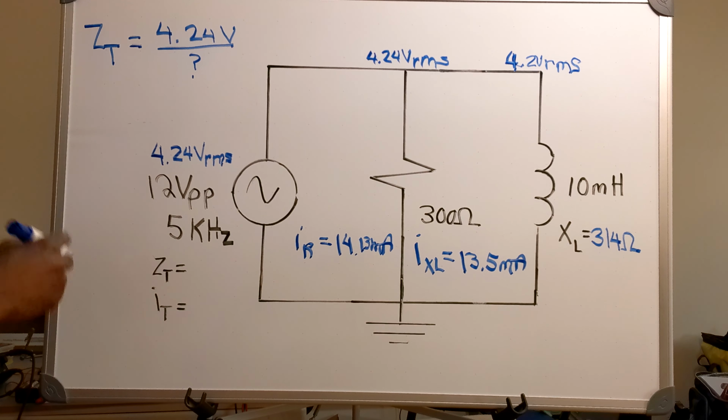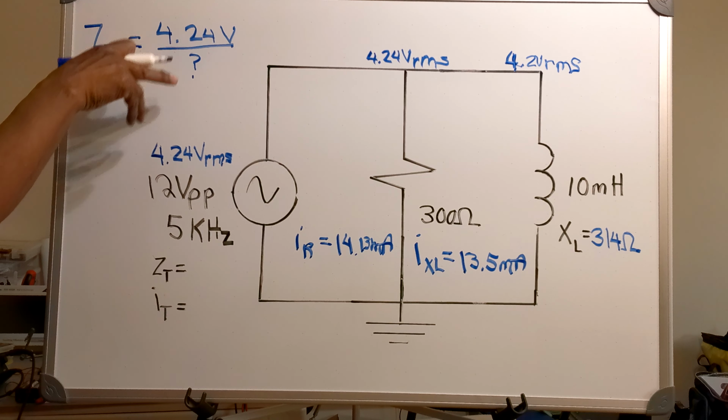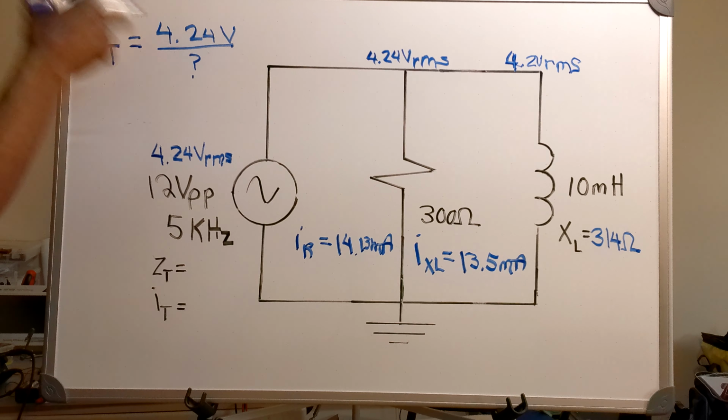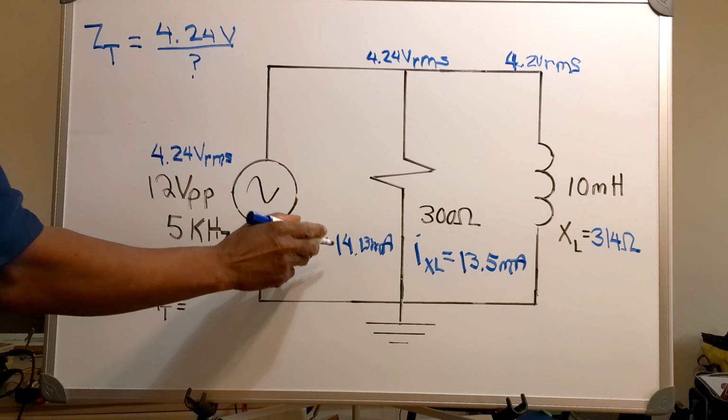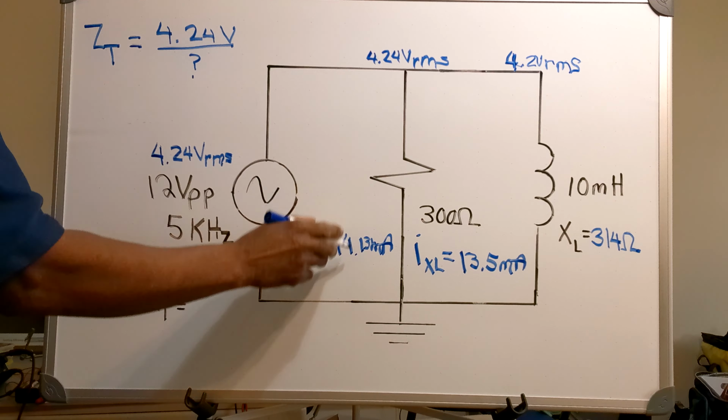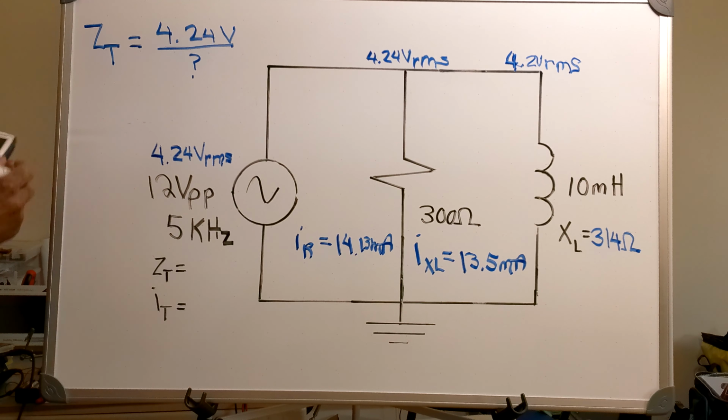Now, in order for me to find out what something is, I'm going to have to add the vector sum of my two currents.